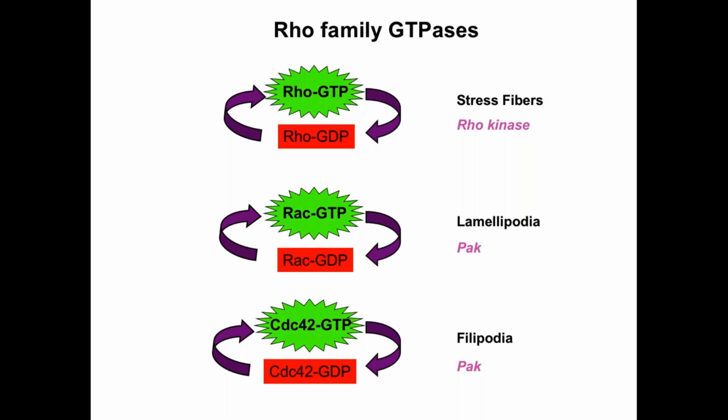There was a picture that passed by of beautiful filopodia. I don't think the word was said previously, but another GTPase, Cdc42, regulates filopodia. I'll show you a picture with each of these. These are all regulated through this non-covalent binding of GTP to Rho, Rac, or Cdc42.